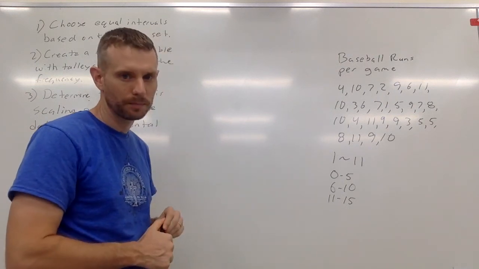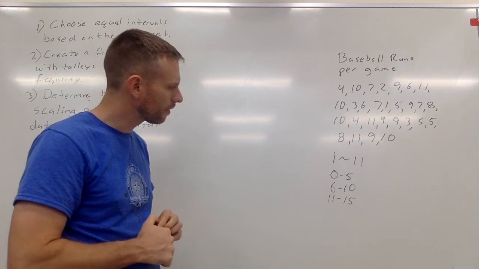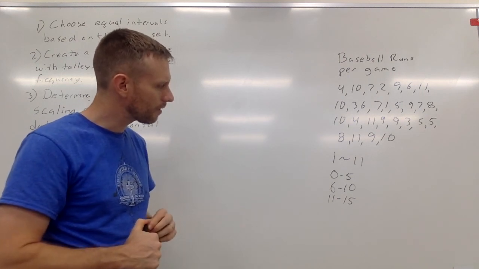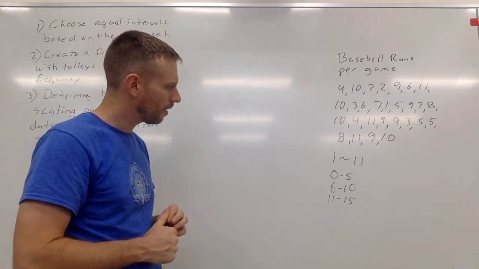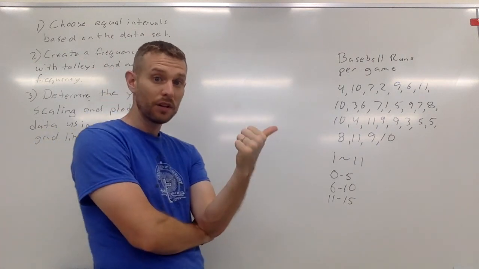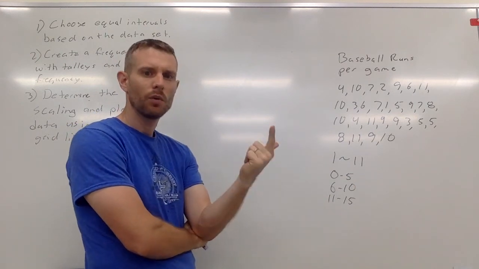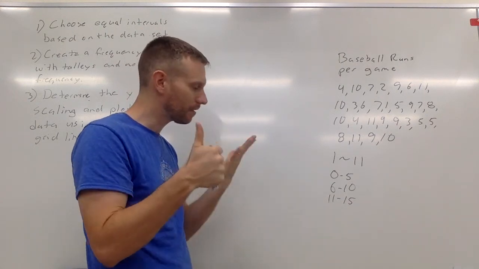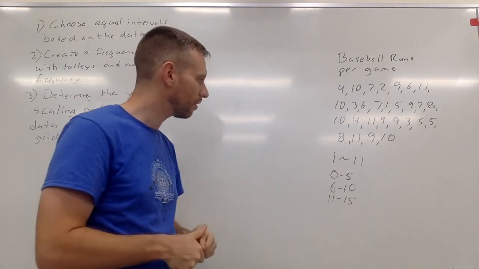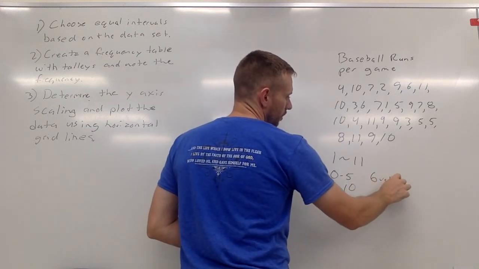This is very important. 0 to 5 actually represents 6 values. You have the number 0 itself, that's still in there. 0, 1, 2, 3, 4, 5. That's 6 values if you include 0.